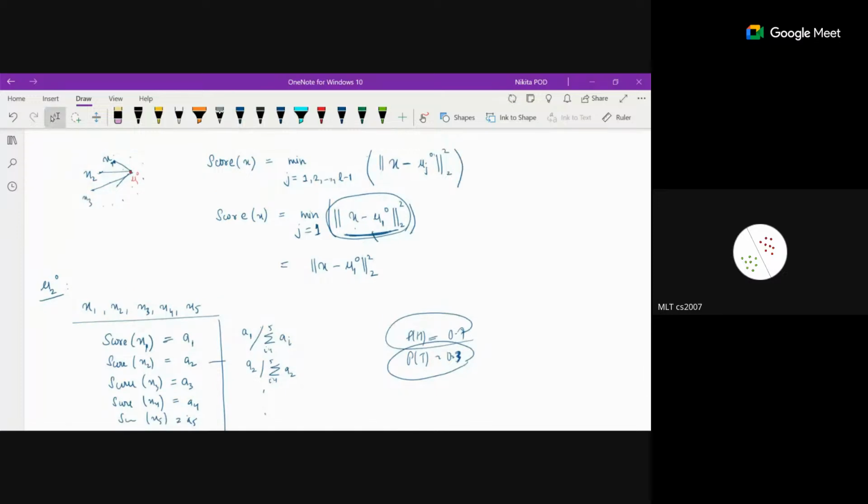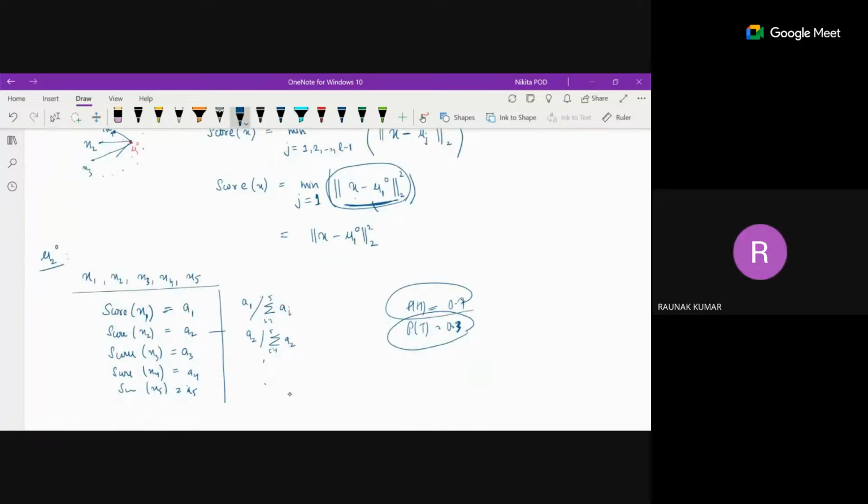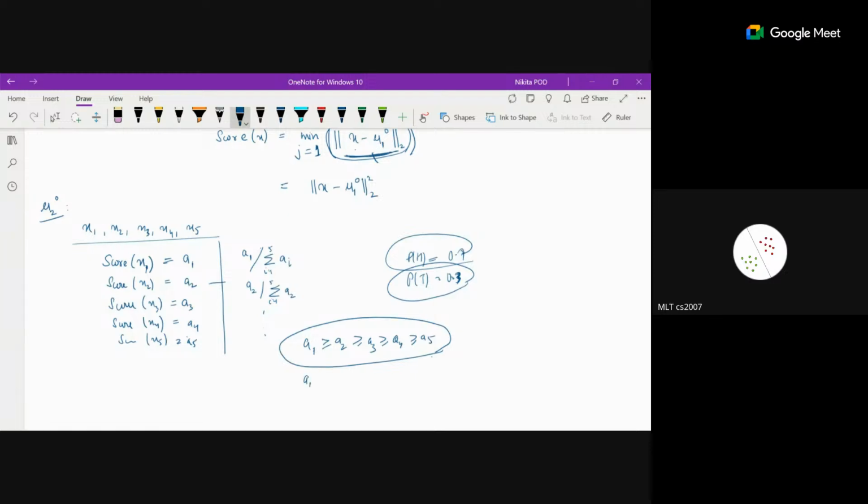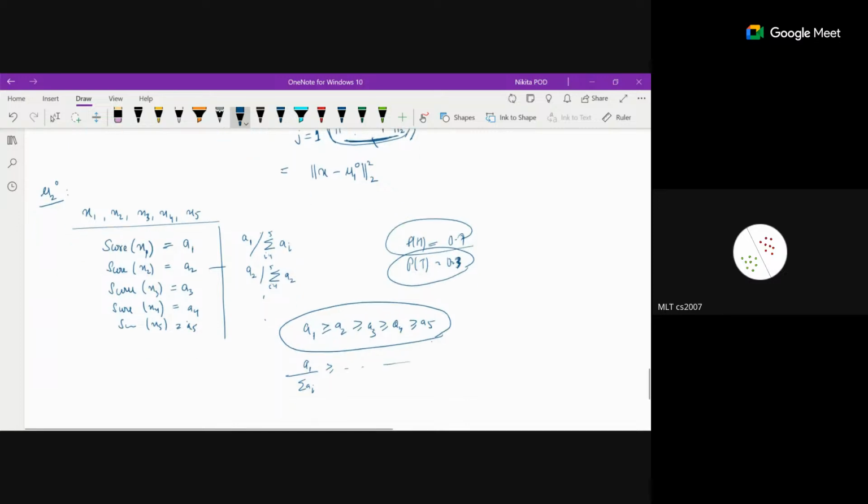So even though the scores, let's say, are in this way, a1 is greater than a2, which is greater than a3, a4, and a5, and based on that the probabilities will also vary like that, a1 divided by the sum over ai would be greater than all of these, right? But you can't say for sure that the algorithm will choose my data point x1 as mu2 naught.